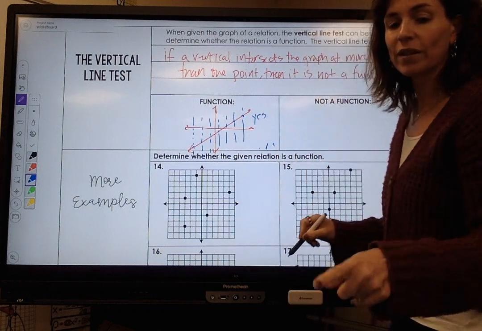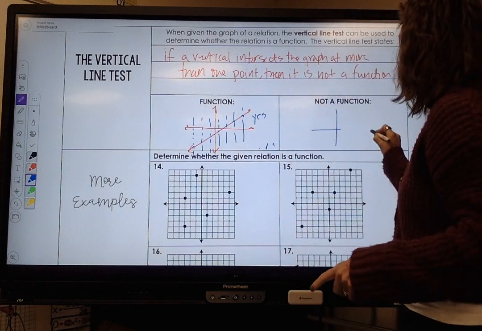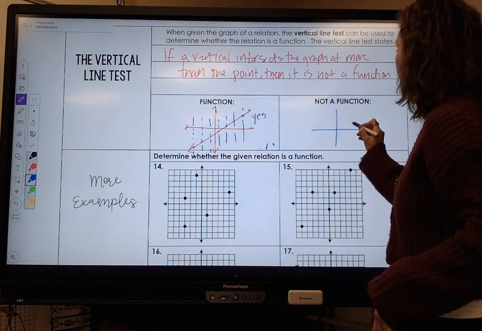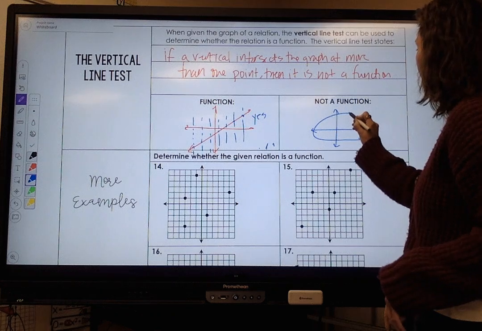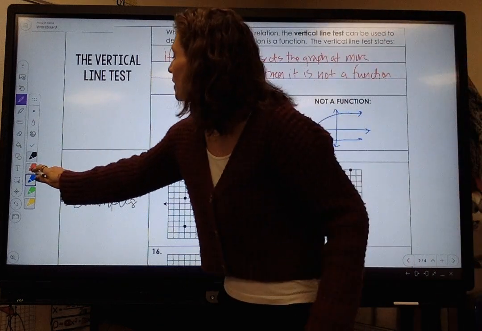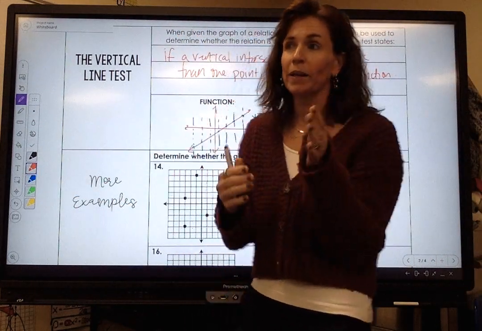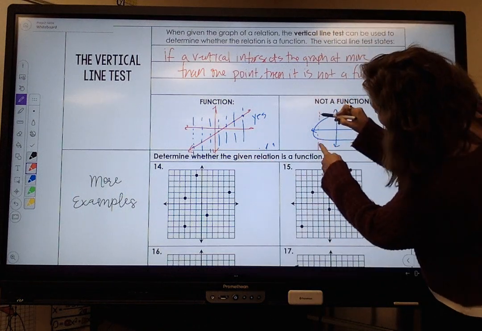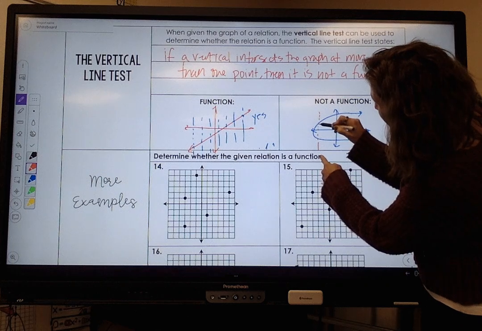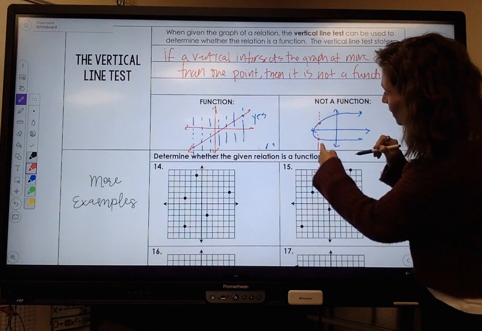So let's take a look at what is not a function. If you had something that looks like this parabola, and I'm taking a vertical line, whether a ruler, pencil, or I just draw an imaginary line, do you see how this red vertical imaginary line intersects that graph at two places?